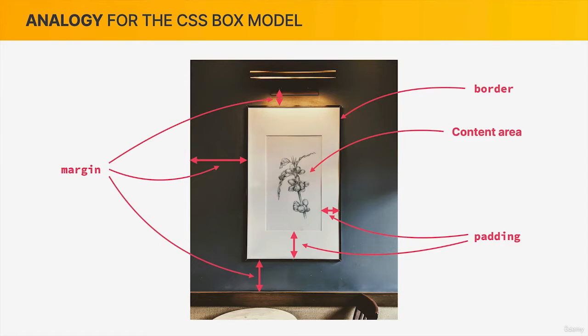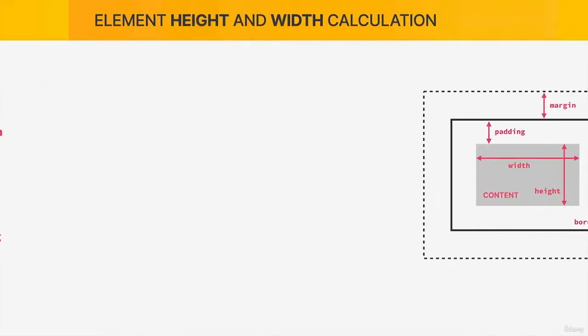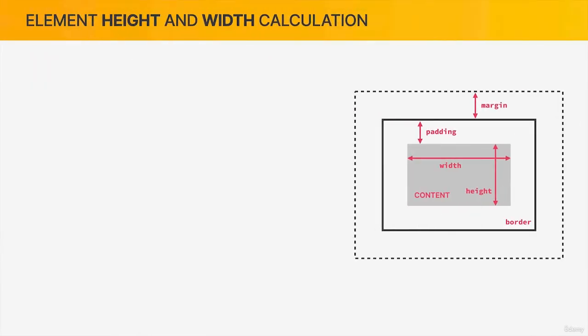And now, just to finish, let's quickly learn how the box model actually calculates the exact size of an element based on the content, border, and padding. So, as I mentioned, we can specify the height and the width of the content area.